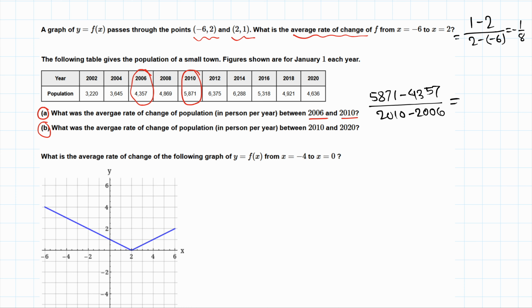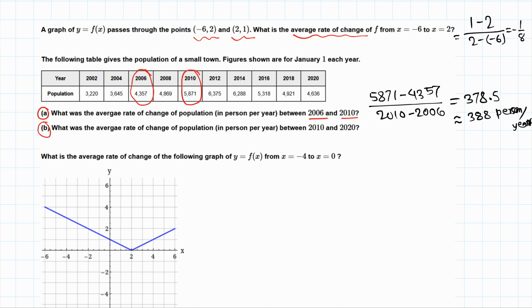Subtract, and then divide by 4, you're going to get 378.5. But these are persons per year, so let's round to 1 decimal place, and the units are person per year.